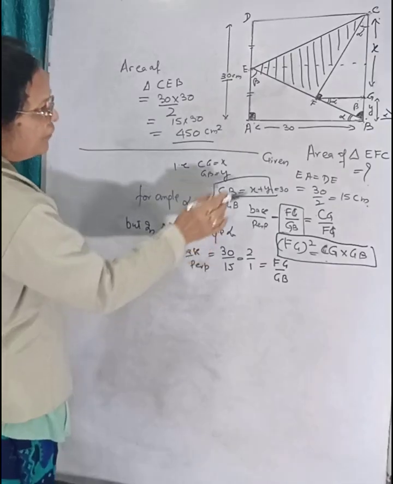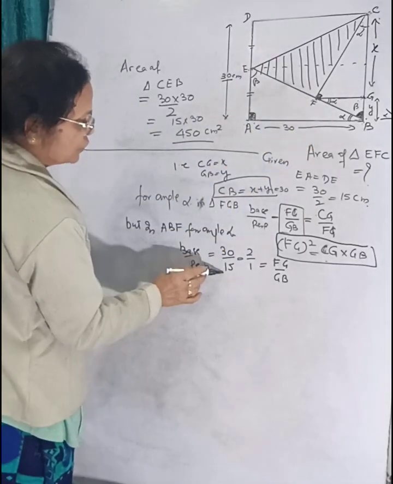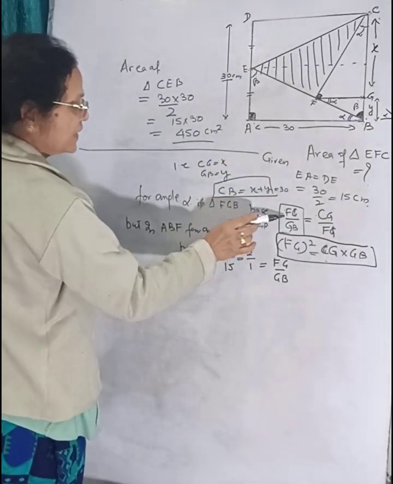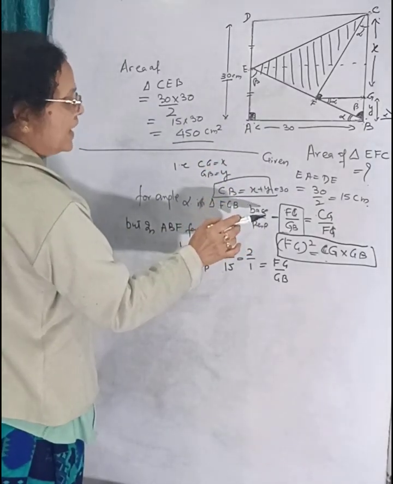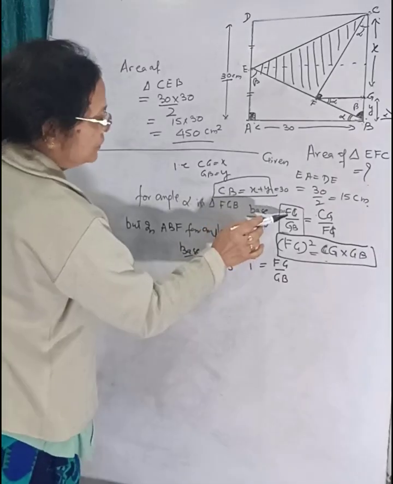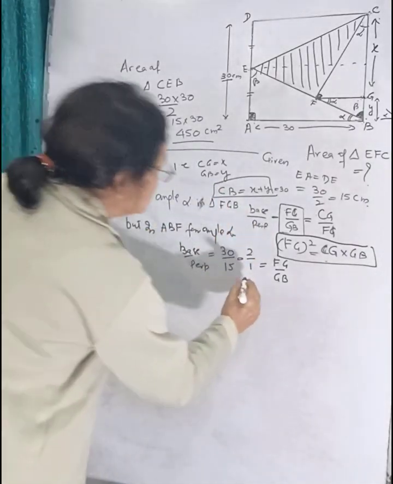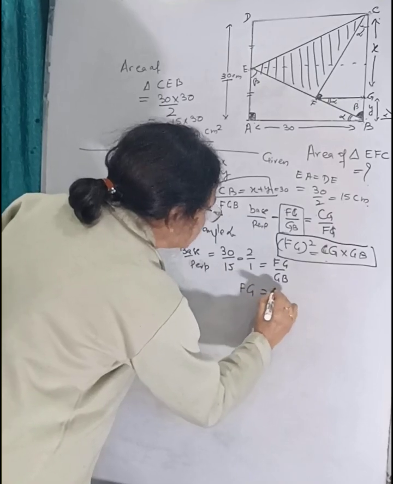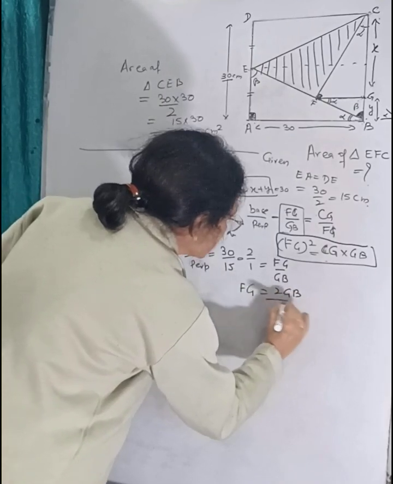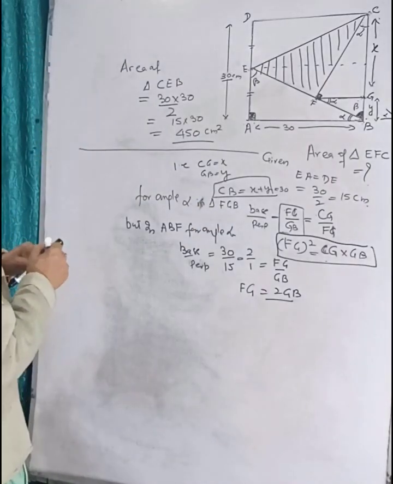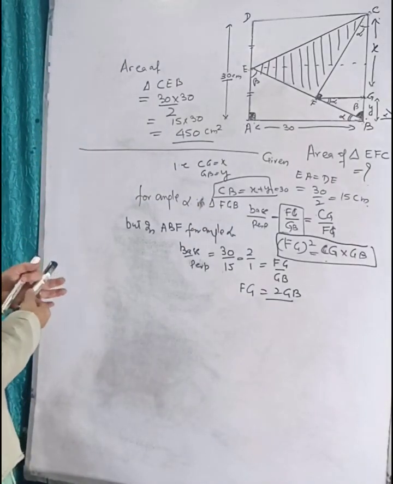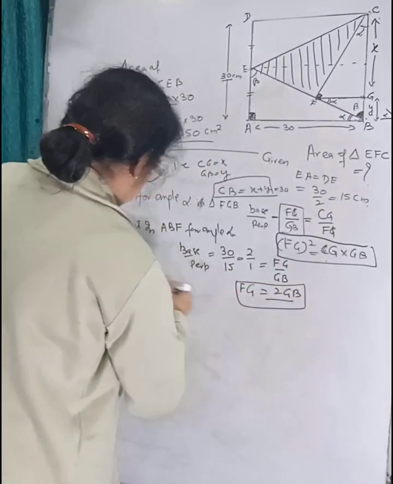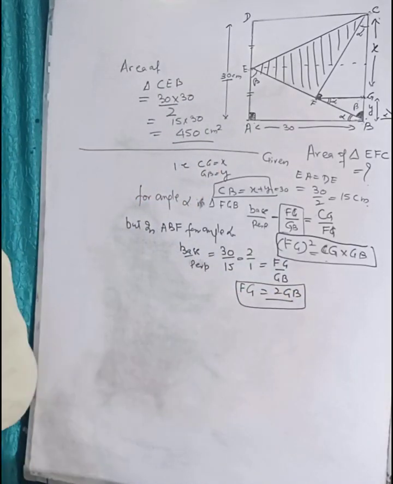Base upon perpendicular for this angle is equal to 2:1, and base upon perpendicular for the same angle in the triangle FGB is equal to this. So we can say that FG is equal to 2 times GB. That is also notable.